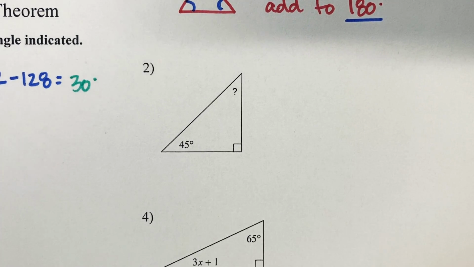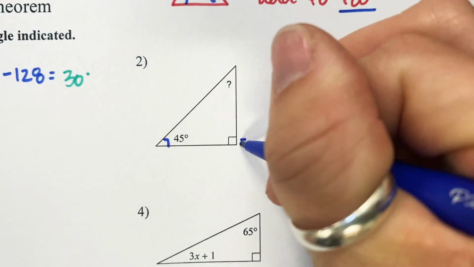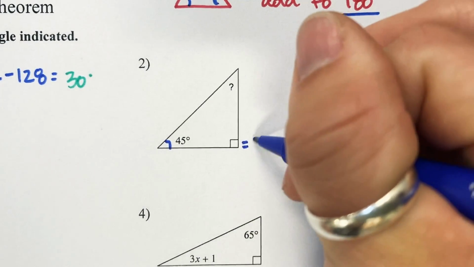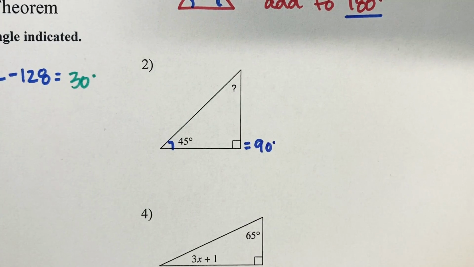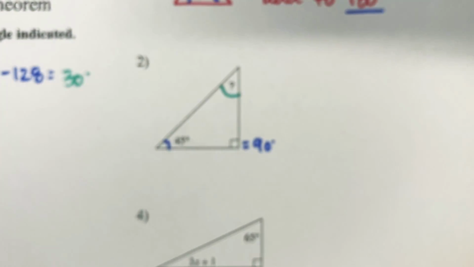What are the two angles that we know in number 2? We know 45, and we always know that this little box symbol equals 90 degrees. So those are the two angles that we know, and we're trying to find our third angle, which is this question mark.